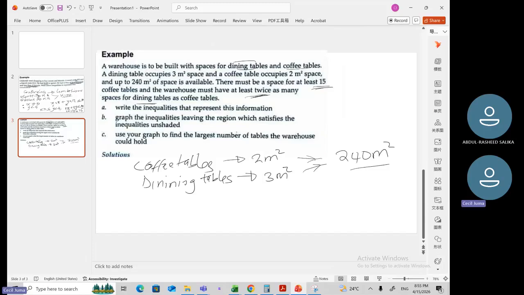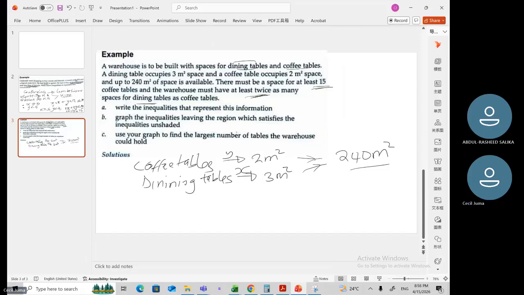Now we need to give my variables. We can either choose X or Y. So let's say coffee table is Y. Let's say dining table is X. So whatever you have has to be within this range.